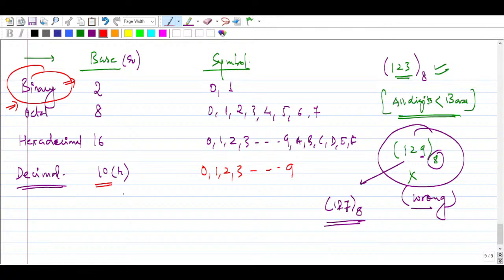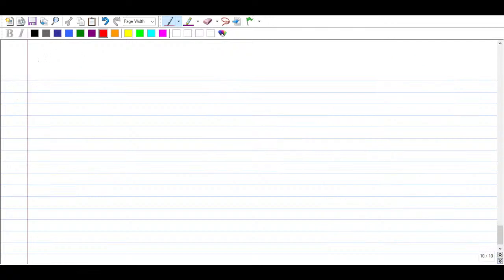Remember, if any number system is given, having any base, suppose we have written here 1, 2, 9, as I gave you the example, and the base is written as 8. It is a crime, don't write like this. This is wrong.